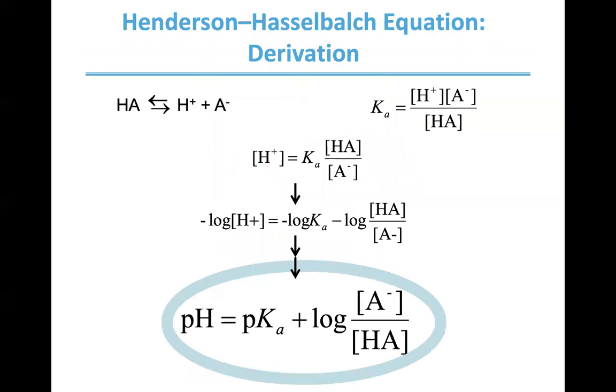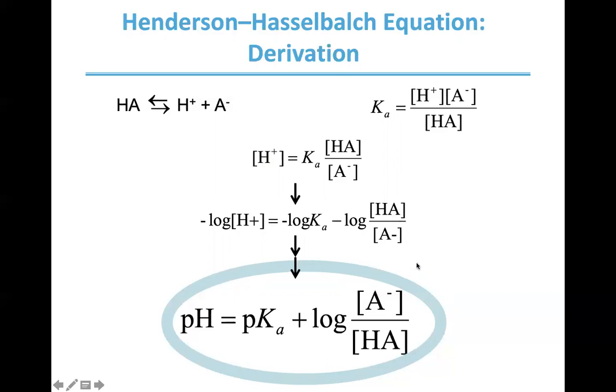And some little more math, just to remind you about the Henderson-Hasselbalch equation. This is the derivation of it. Here's our weak acid. We dissociate that, dissociation constant. We pull out the concentration of the protons and take a negative log of each of these components. And we end up with this equation.